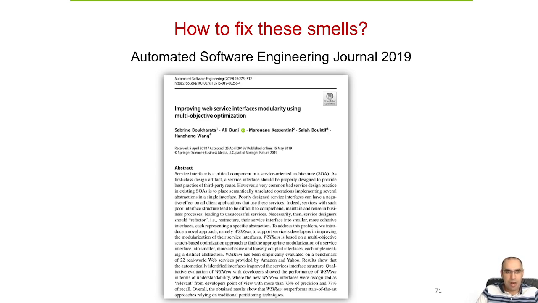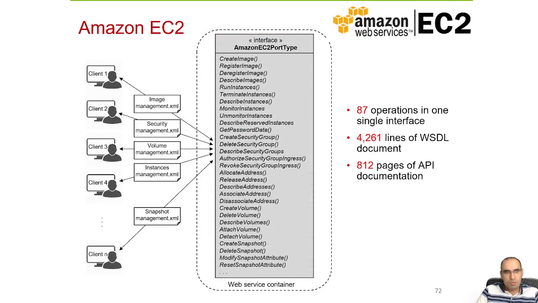For example, when we have a God object with multiple operations, the aim is to split it into multiple interfaces so that each interface can implement a single abstraction at a time. So let us go back to our real-world example from Amazon, which consists of 87 operations in its interface and over 800 pages in its API documentation.